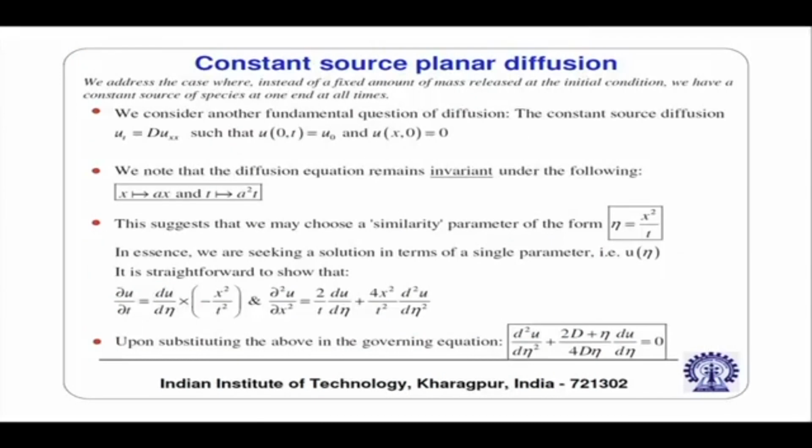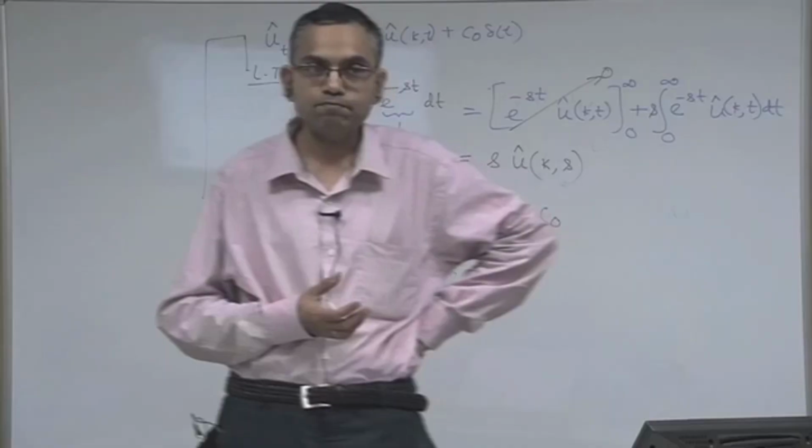Now, constant source planar diffusion is something which again is a matter of interest, but we will not work it out completely, because it can be shown that this solution is just like the Stokes first problem that we discussed in the context of fluid mechanics.